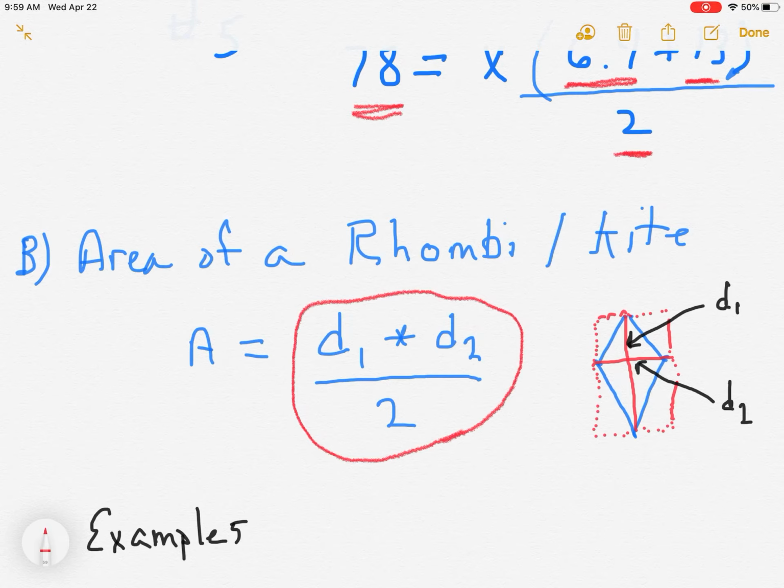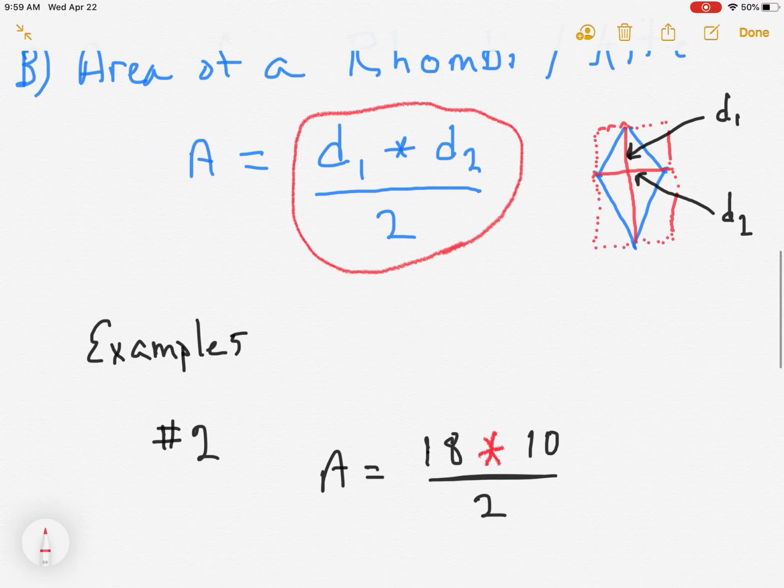So that's why you're basically taking the width times the height and dividing by 2. If you just did width times height, you'd have the area of the rectangle, but the kite is 1/2 of that. So diagonal 1 times diagonal 2, divide by 2.